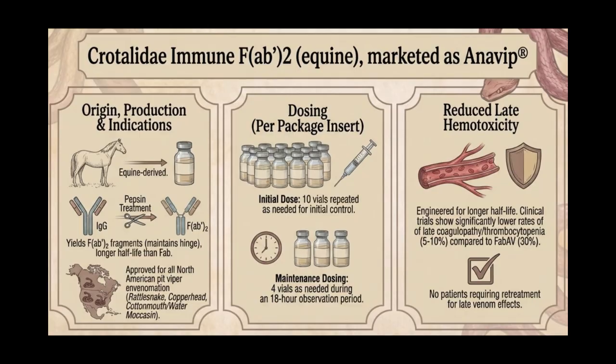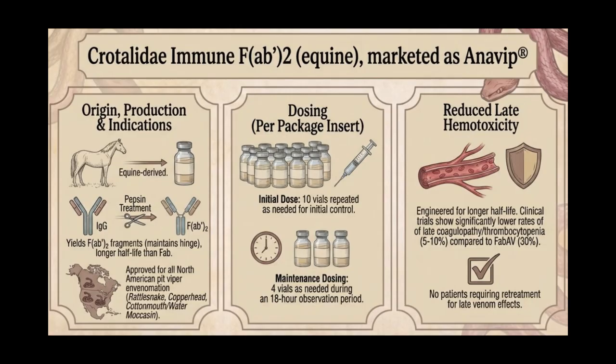This antivenom is approved for the treatment of both adult and pediatric patients bitten by North American pit vipers, including rattlesnakes, copperheads, and cottonmouths. The recommended initial dose is 10 vials, which can be repeated as necessary to achieve initial clinical control of symptoms. Once control is established, vials are administered as needed during an observation period of 18 hours.